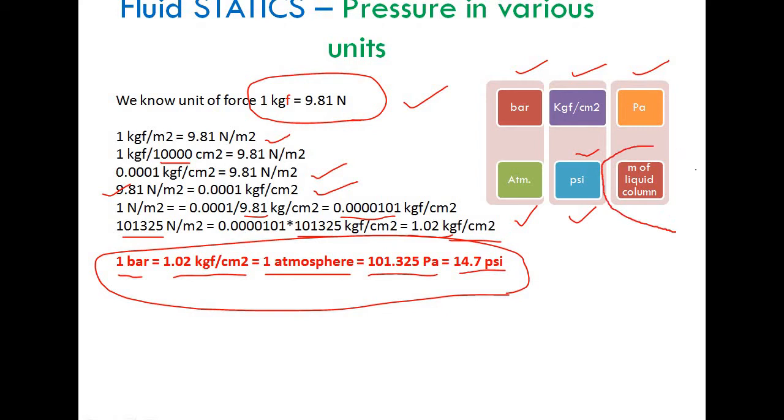And what remains is how to express pressure in meters of liquid column. Okay, so this you can express with the help of the corresponding hydrostatic equation, that is P equal to rho G H. As far as a particular fluid is concerned, rho is constant, G is also constant, so P can be directly expressed in terms of H. That means pressure 1 bar you can express in terms of meters of water column.